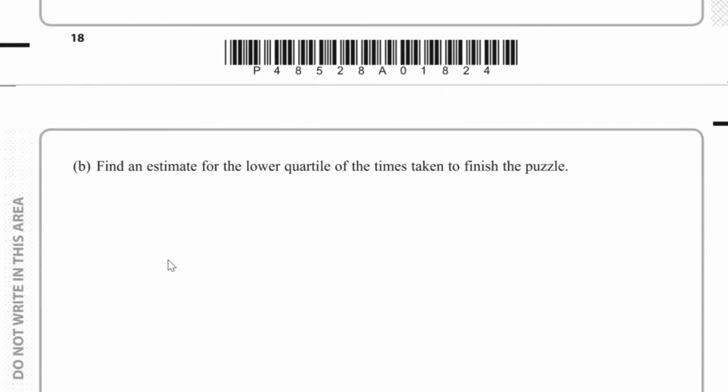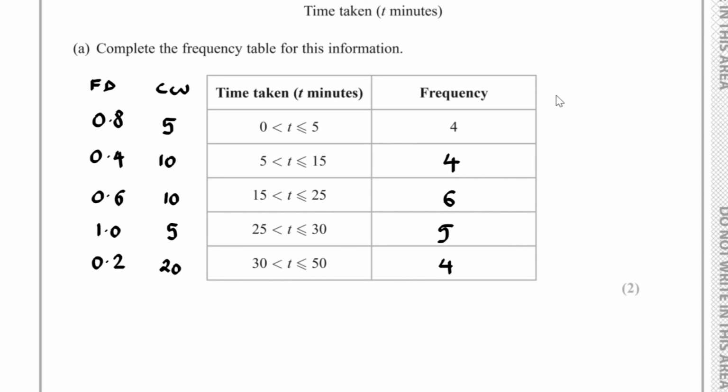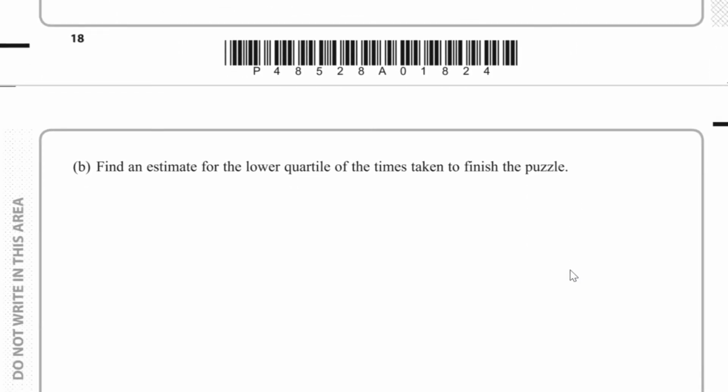And then for part B, we have to find an estimate for the lower quartile of the times taken to finish the puzzle. Well, we need another column, the cumulative frequency column. We start off with 4, 4 plus 4 is 8, plus 6 is 14, plus 5 that's 19, plus 4 that's 23. So now what we can do is find out the position of the lower quartile.